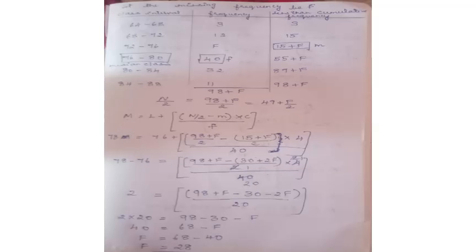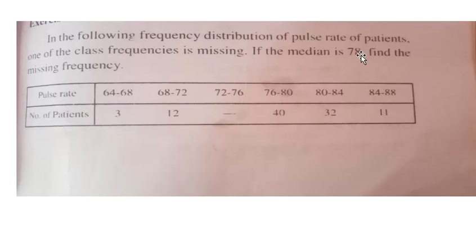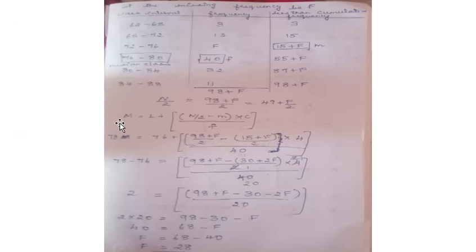Now in the problem it is given that the median is 78, so 78 is equal to the lower limit. What is the lower limit here? 76 and 80, what is the lower one? 76 plus n by 2. N by 2 is the total of f, 98 plus f divided by 2, 98 plus f divided by 2, minus m.